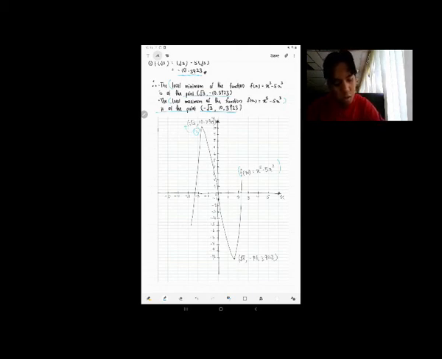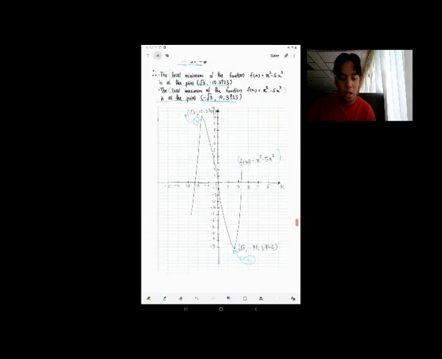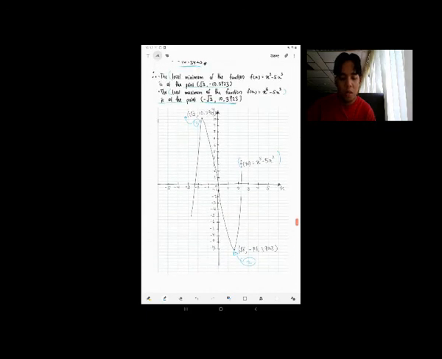This is the local maximum point of the function, and this is the local minimum point of the function f(x) = x^5 - 5x^3. So this is the graph.